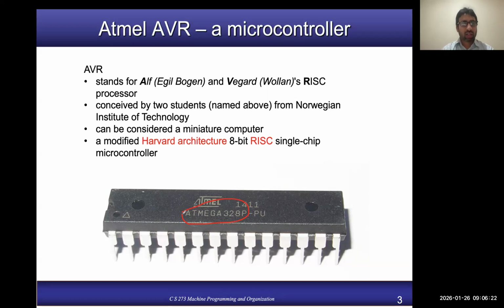So you now have a very brief idea of what a Harvard architecture is, and what it means that a microcontroller is 8-bit, and we are postponing the details about RISC for now. The microcontroller we are going to study has Harvard architecture, and it is an 8-bit microcontroller.